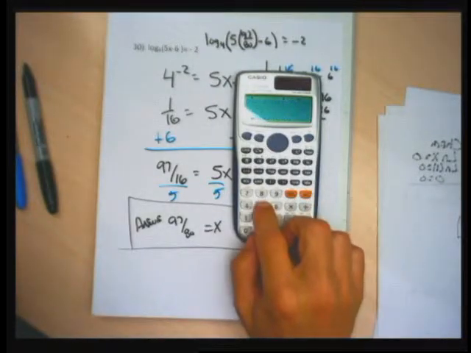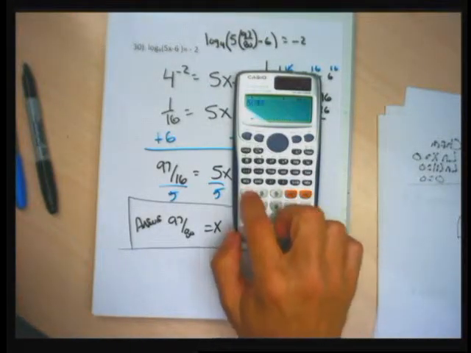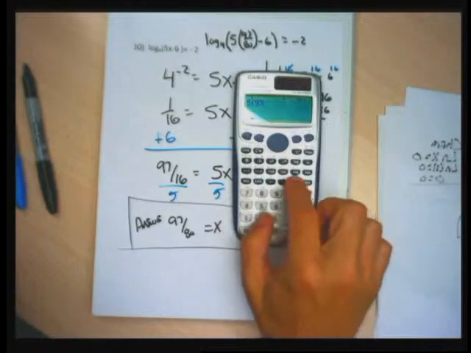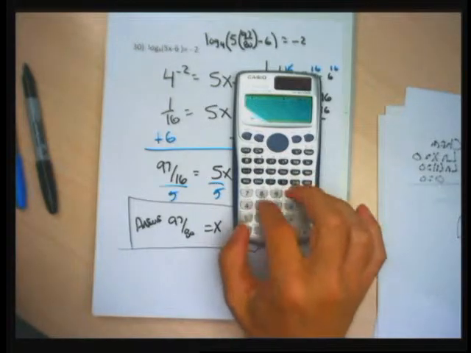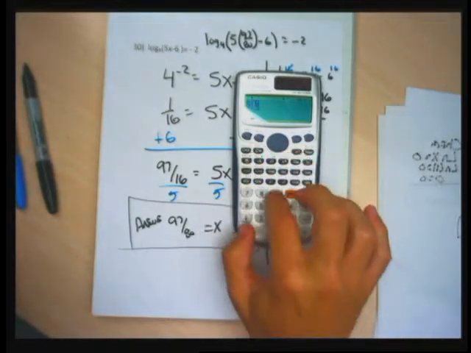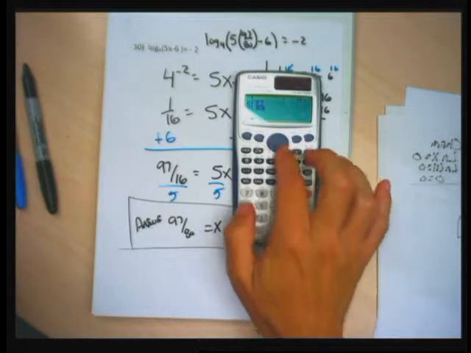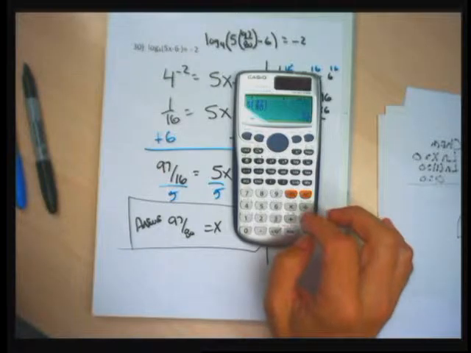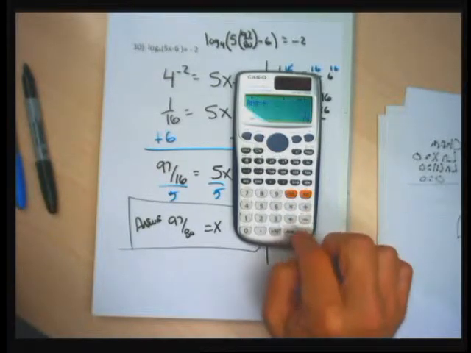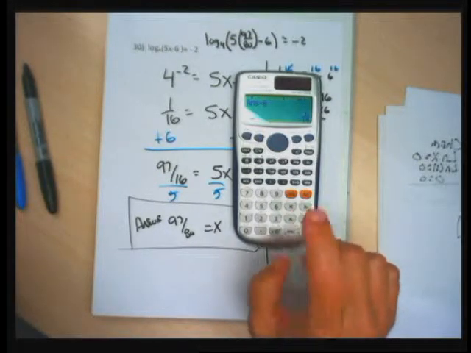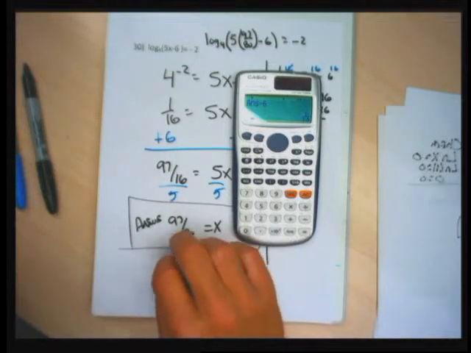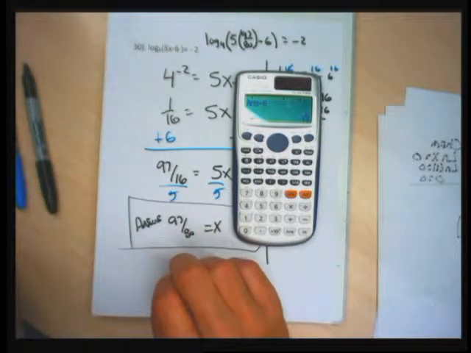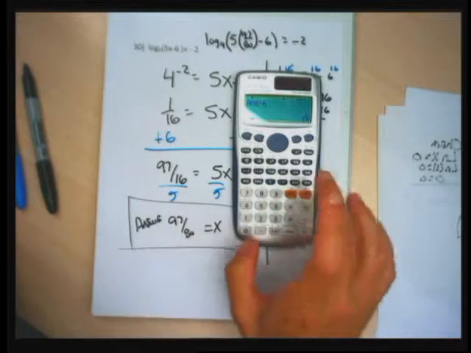What's going on here? 5, parentheses, fraction 97 over 80, minus 6 equals. I'm going to try one more time. I really don't know what I'm doing wrong.